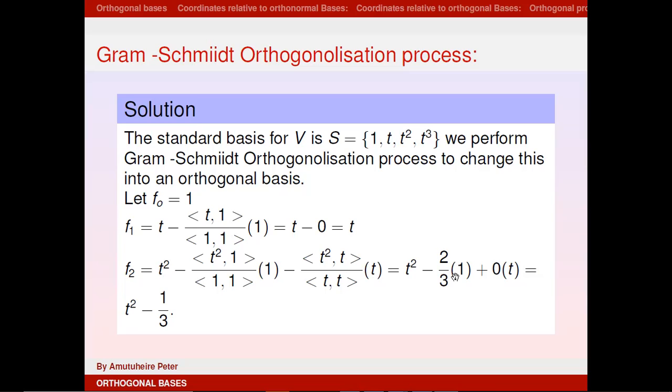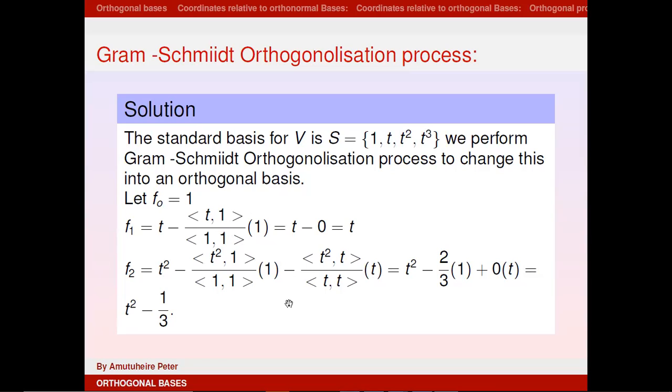The inner product of t squared and 1 gives us 2 over 3. How do we get 2 over 3? This is the integral from -1 up to 1 of t squared, which is t cubed over 3. When t is 1, we get a third, then minus, when t is -1, we get -1/3.